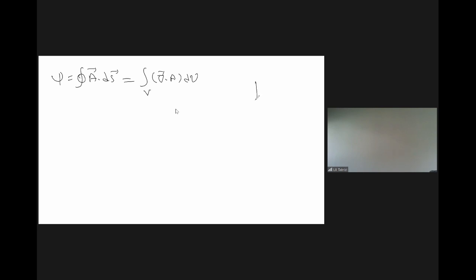So here, rather than considering 3 surfaces like the side surface, the lower surface and the upper surface, we consider the entire volume. This is the right-hand side of the divergence theorem. Step 1, you have to find the divergence of A first.